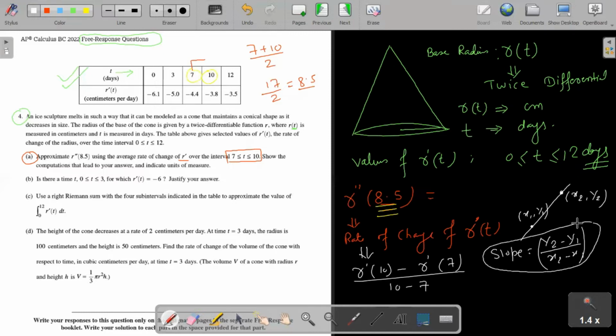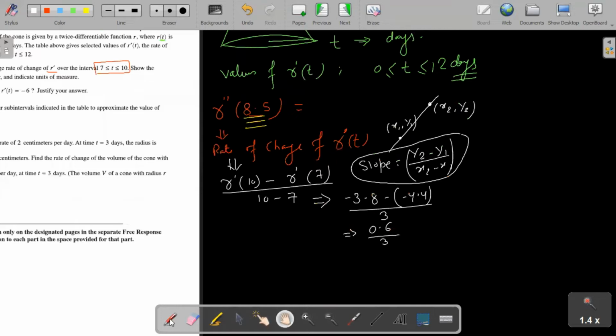As we find the differentiation or slope, similarly we have to find r double dash t. So r dash 10 is minus 3.8, minus r dash 7 which is minus 4.4, and the whole divided by 3. After calculating, we get 0.6 divided by 3, which is 0.2.